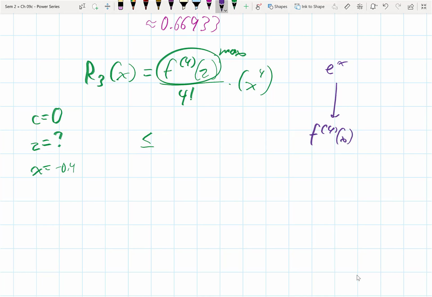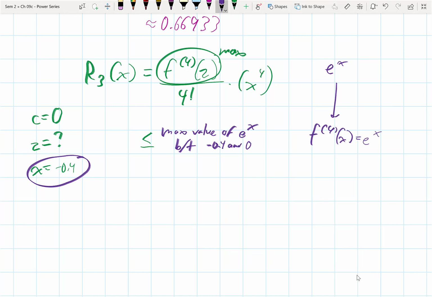And the max value, which, remember, this fourth derivative is basically saying, is the max value of e to the x between my x value, which is negative 0.4, and my c value.